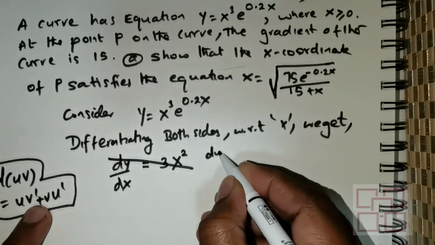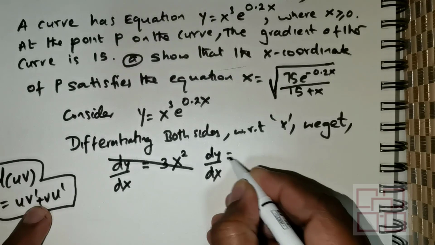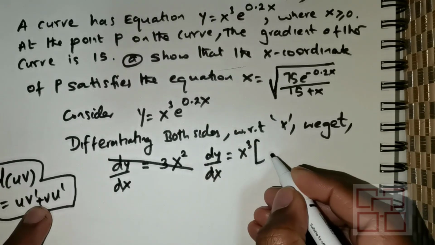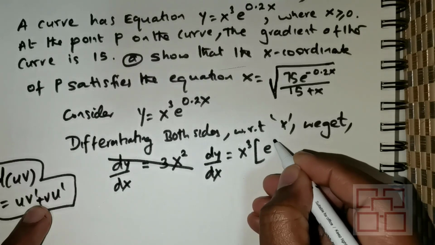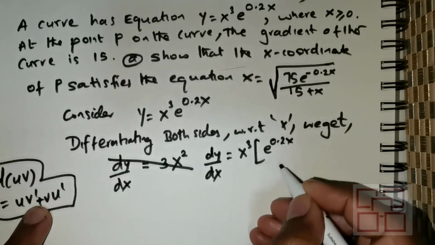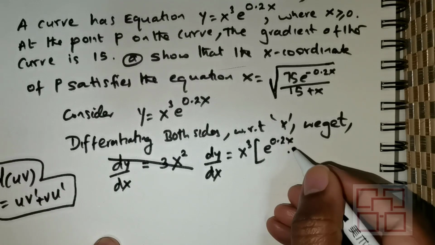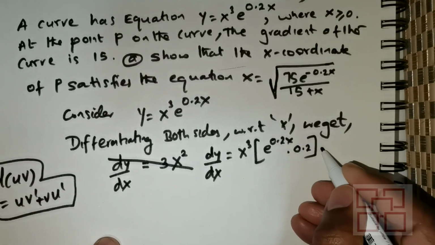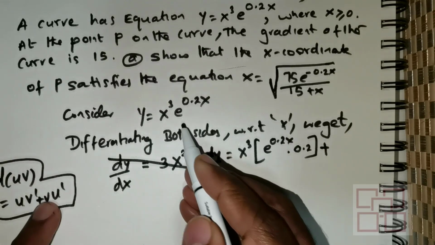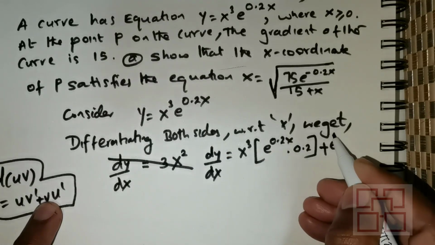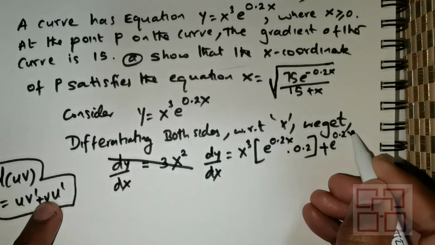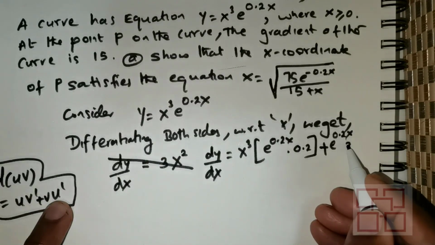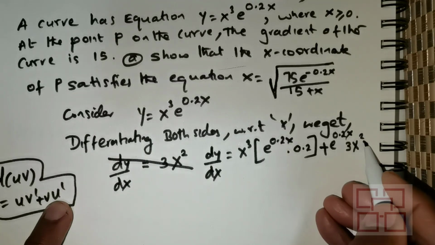So dy over dx is going to be equal to x cubed times the differentiation of e raised to the power 0.2x, which would be e raised to the power 0.2x times the coefficient of x, which is 0.2. Plus, now v, that's e raised to the power 0.2 times x, times the differential u dash, which is 3 times x squared. So this is what we have got.